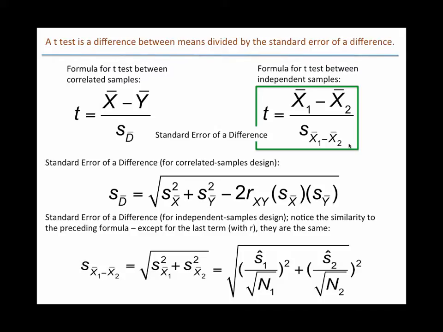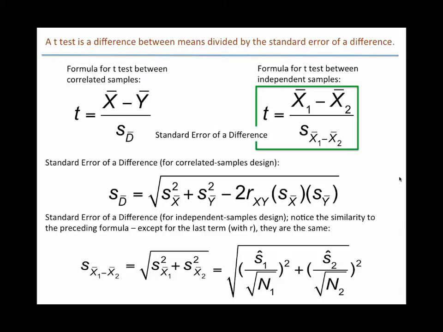And I need to point out a small correction that I've made in this particular slide that probably some of you who are quite astute have already noticed. In the formula for a t-test between independent samples, I only have x's. I've taken out the y's.